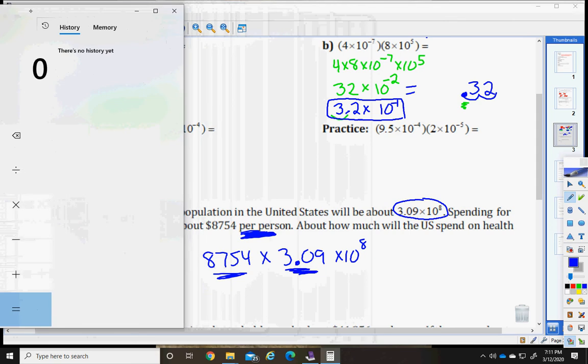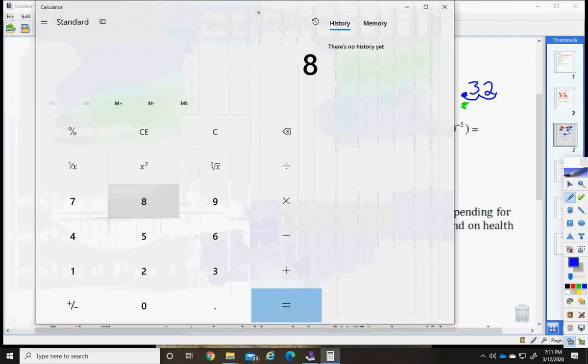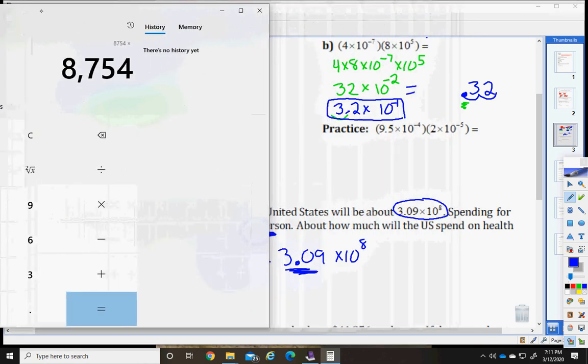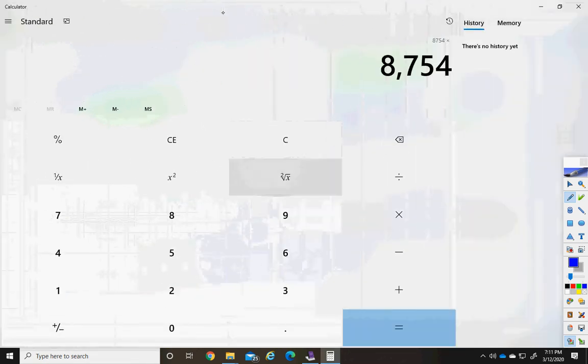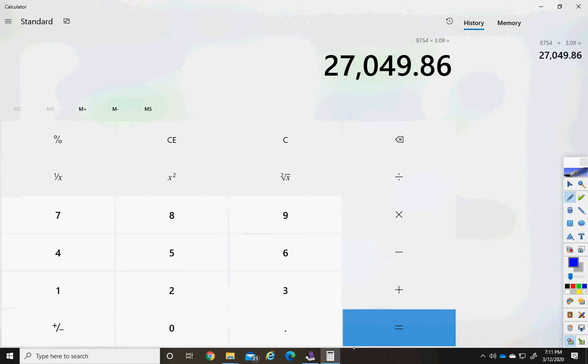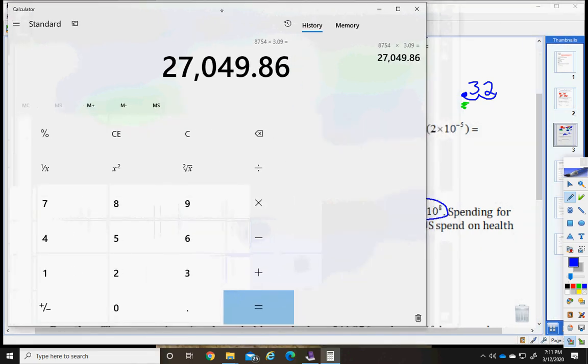So 8754 times 3.09. I forget what I'm multiplying by. 3.09. $27,049.86.